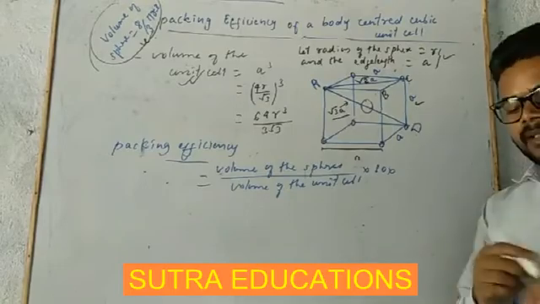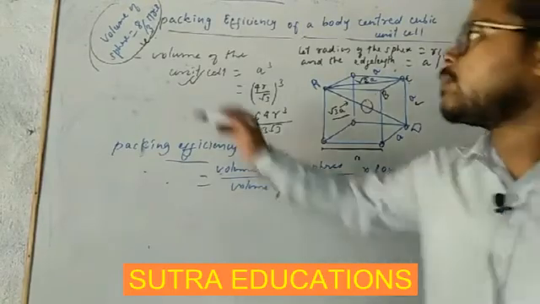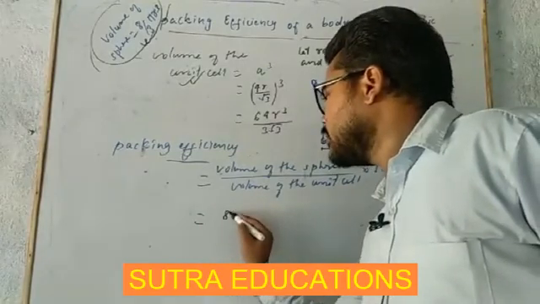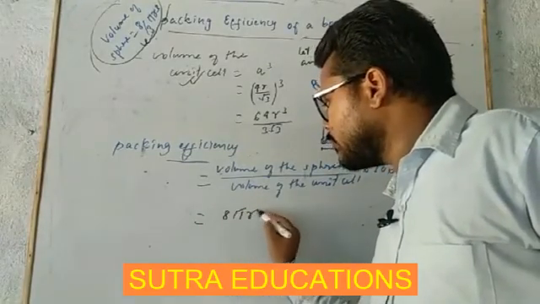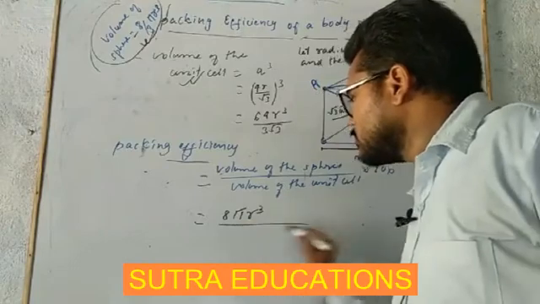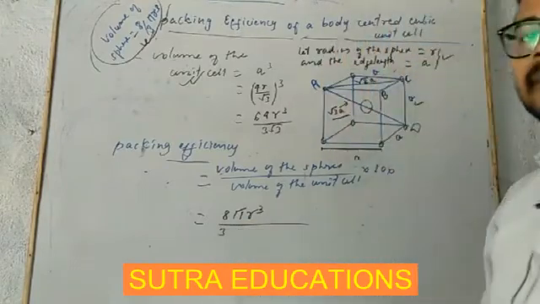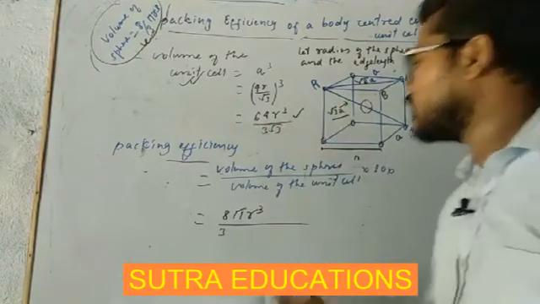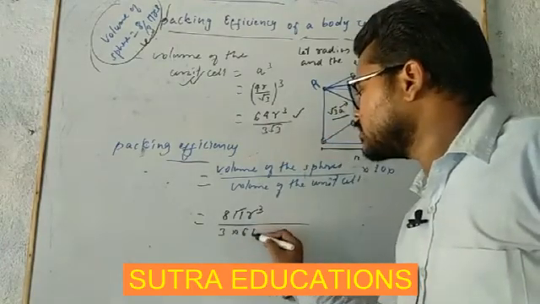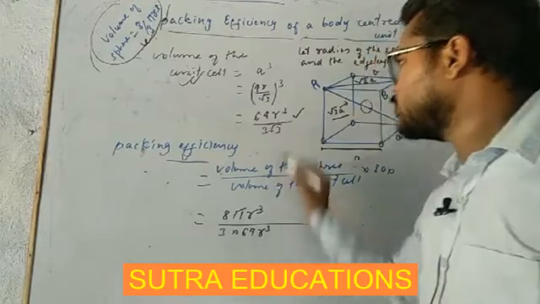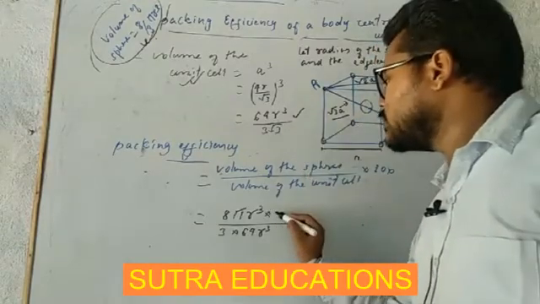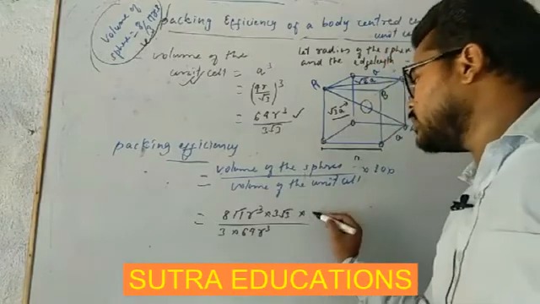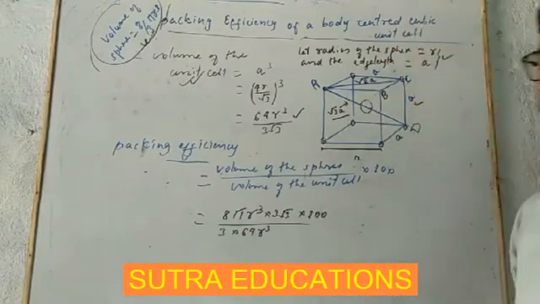Volume of the sphere is equal to 8 by 3 pi r cube. So write here 8 pi r cube upon 3 upon 64 r cube. This 3 root 3 will be shifted into the numerator. So 3 root 3 and multiplied by 100.